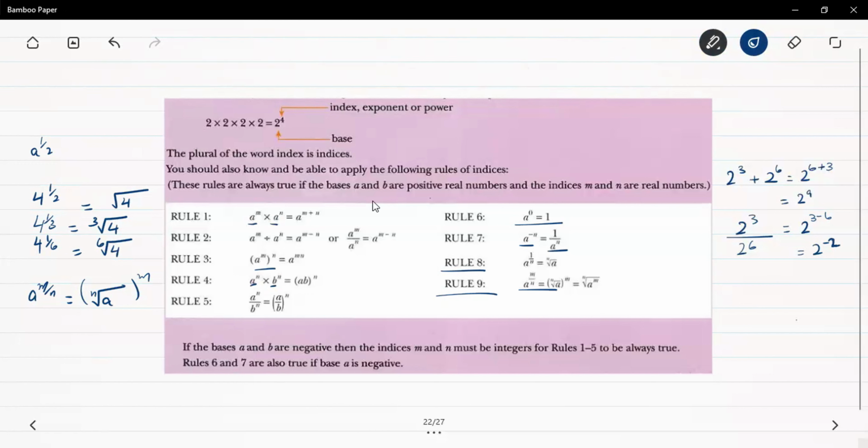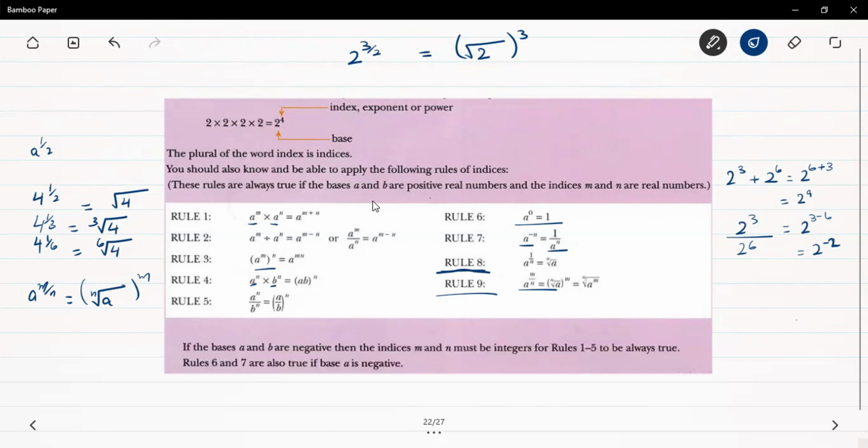If we break up 2 to the power, for example, 3 over 2, we can connect this to rule number 8: whatever is in the denominator becomes the root of that number. So a square root is applied here. And whatever is in the numerator is given as the power. So the square root of 2 to the power of 3.